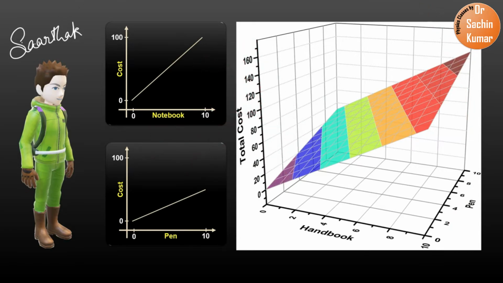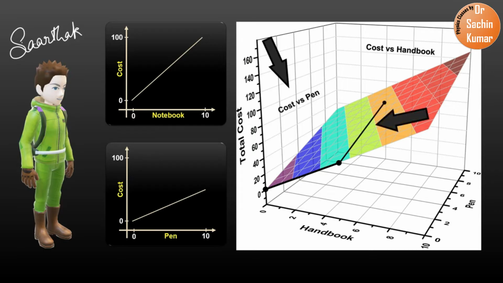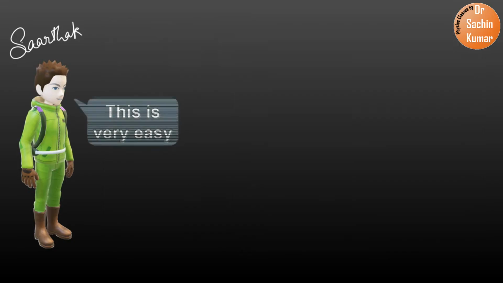Now look at the plane which is representing cost versus notebooks. First from 0 I can move to 5 notebooks, and then look at the plane of cost versus pens, on which I can move to the point of 7 pens. So overall this is the point of 5 notebooks and 7 pens.